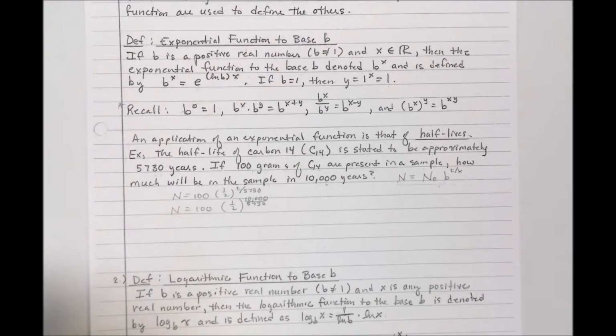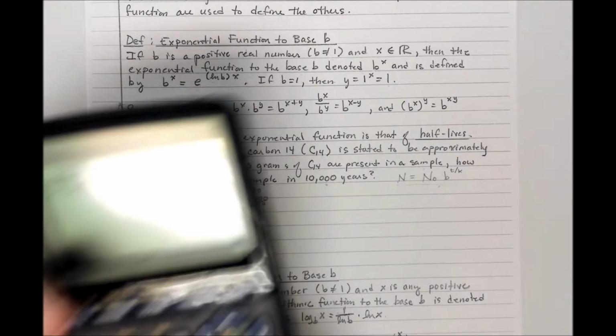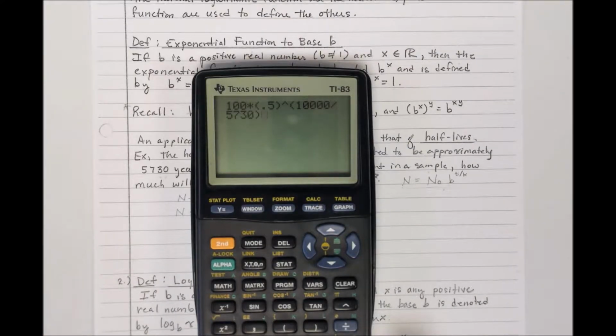So it's time to get Mr. Calculator out. Here it is. Let me clear out what I had from before. So 100 times 0.5 raised to the 10,000 divided by 5730 power, and we get, I was guessing maybe low 30s, oh, high 20s, almost 30.